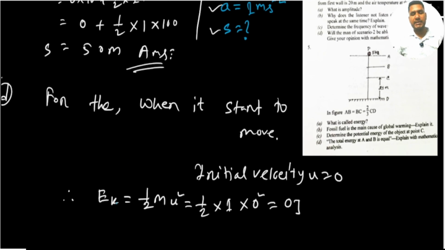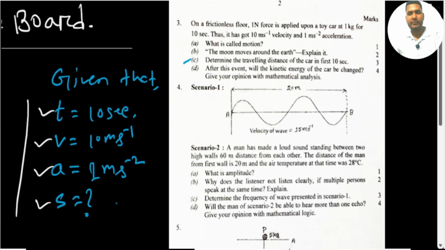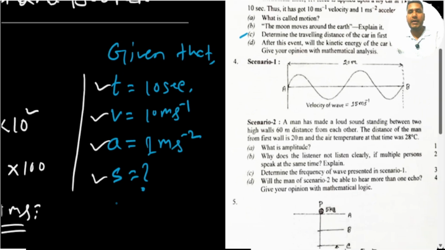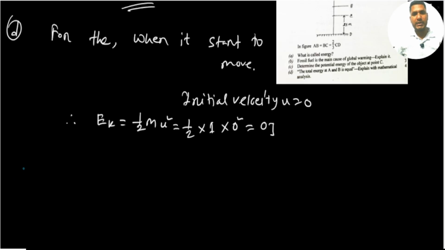And after 10 seconds, see the question here, velocity is given and acceleration is also given. After 10 seconds, the velocity was 10 meter per second. So now we will calculate kinetic energy after 10 seconds.